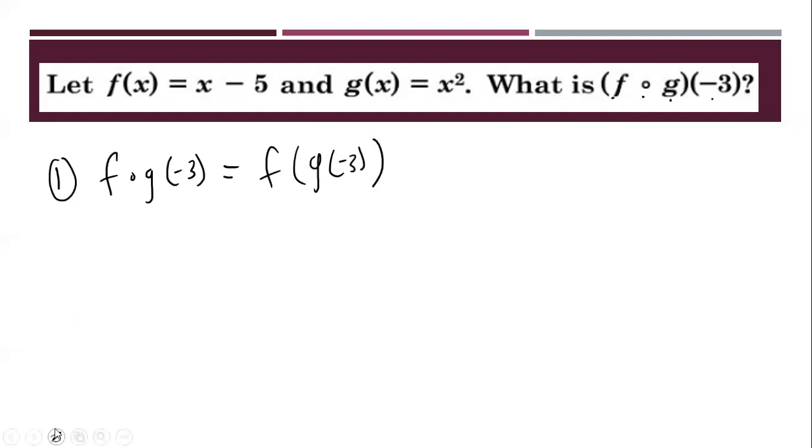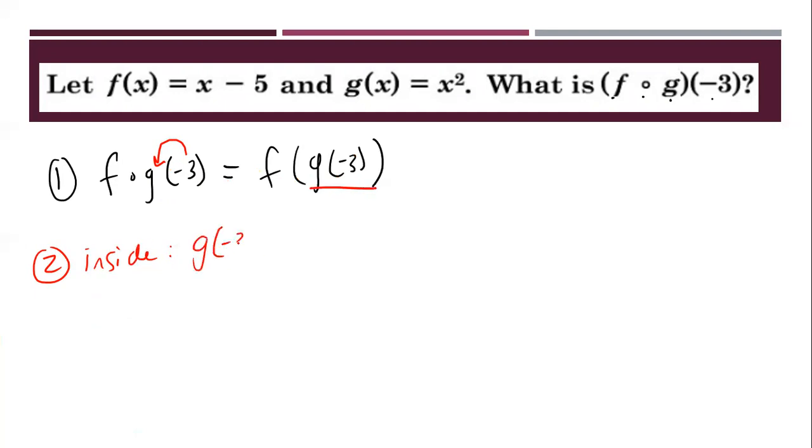What this step is reiterating is that you're taking the number, plugging it into the first function, and then the result of that is going to go into the second, outside function. So I'm going to do the inside, and my inside is g of -3.